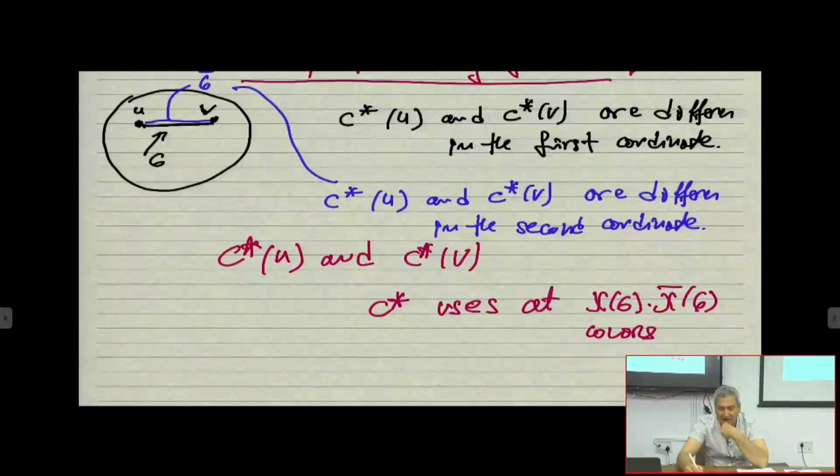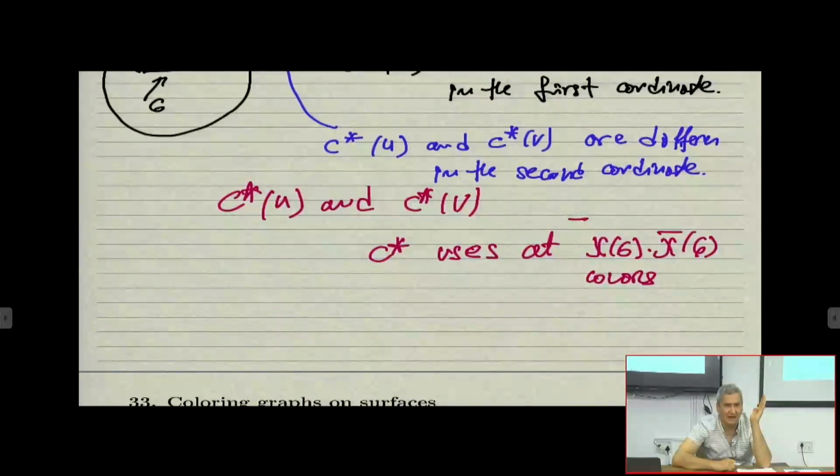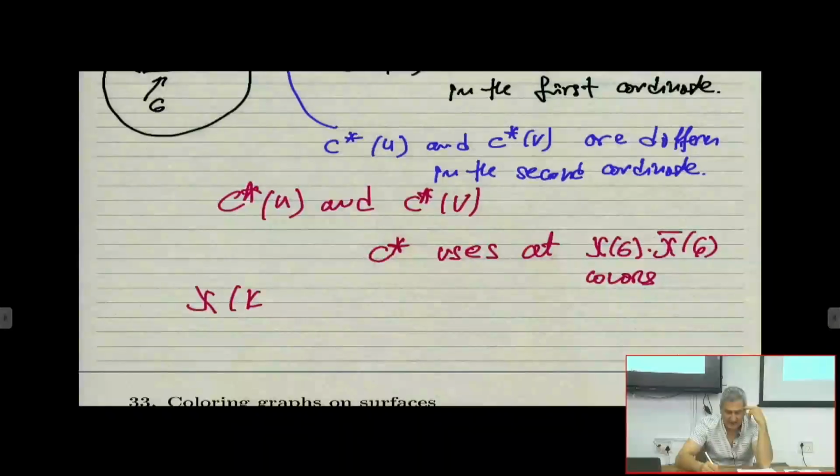It may not be equality, maybe we use fewer, because maybe we don't use every pair. But this is an upper bound. And we have shown that it is a proper coloring of Kn. How many colors minimum do we need to color Kn properly? N. So the chromatic number of Kn is equal to N.